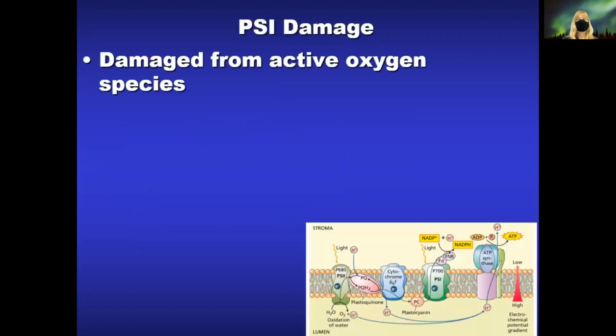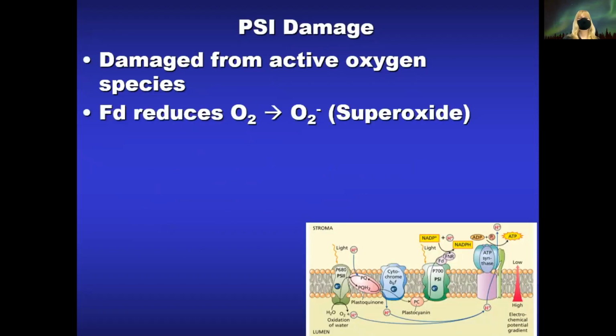Photosystem 1, they've done some work with that, and they can see damage to photosystem 1 as well. So remember, ferredoxin is associated with photosystem 1. It gets an electron from photosystem 1. Normally, ferredoxin should give its electron to the FNR protein.